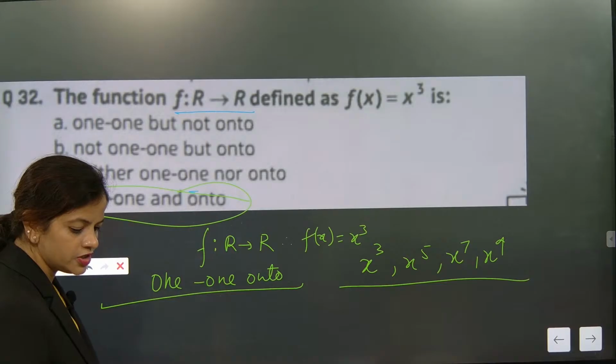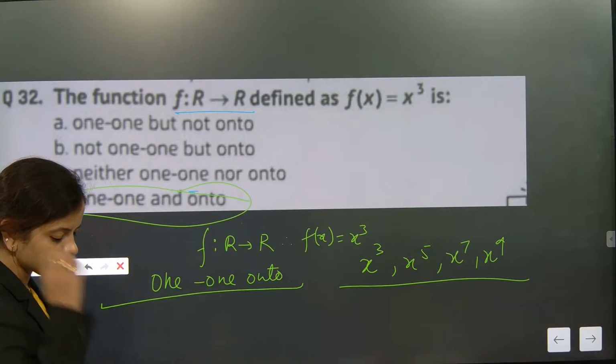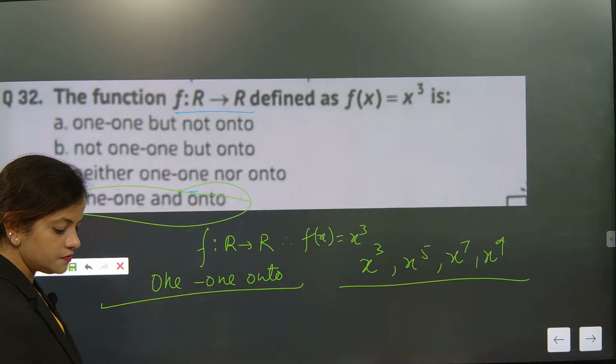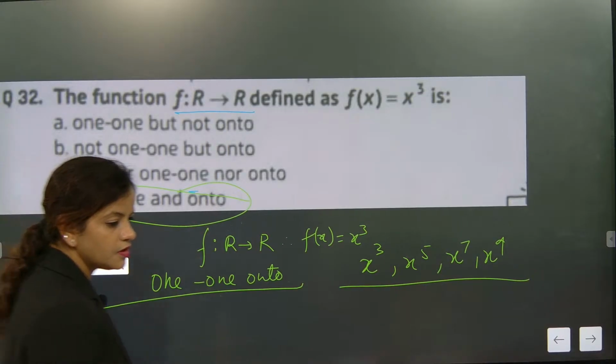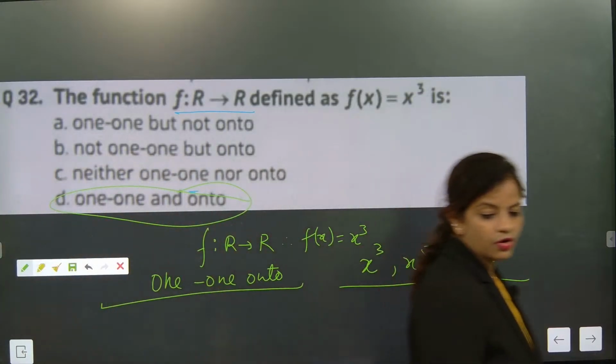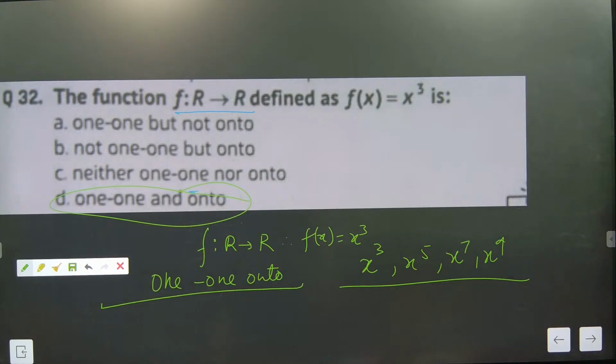You don't need to waste too much time. Directly it will come as 1-1 and onto. Why? Because functions with a variable of odd degree are always 1-1 and onto. This is one of the most important parts.